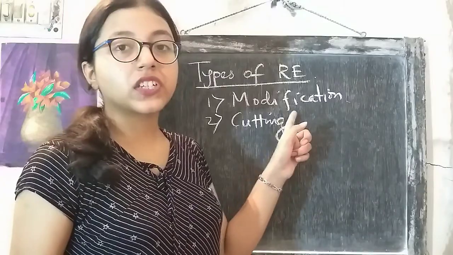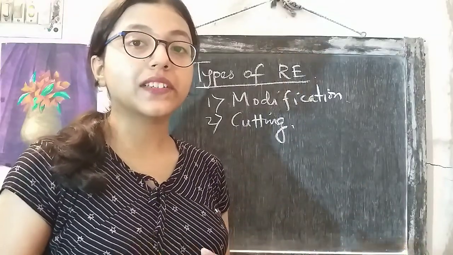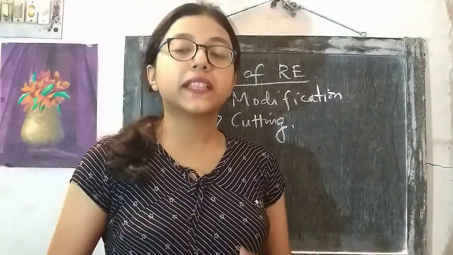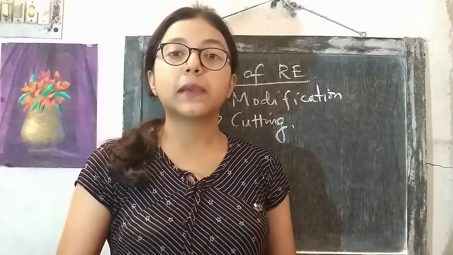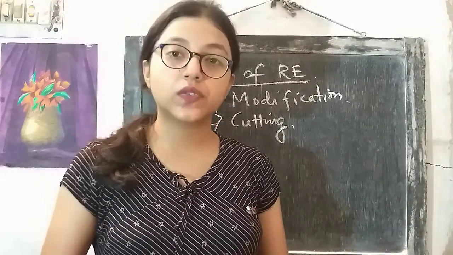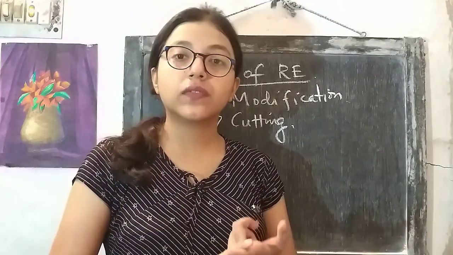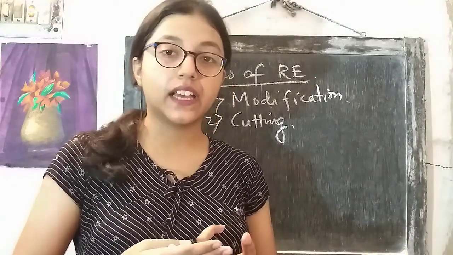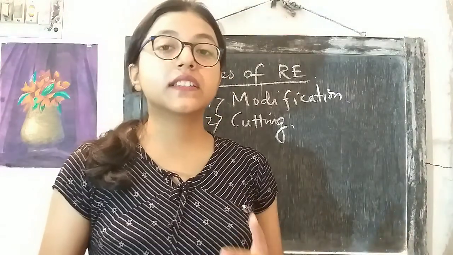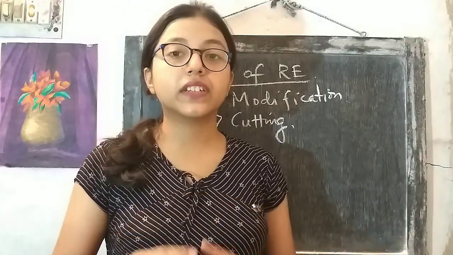This modification is done at specific cytosine residues which are methylated. So methylation is a type of modification that is carried out by restriction endonucleases. So these restriction endonucleases, on the one hand they methylate the DNA, on the other hand they cut the DNA at the site of their action.